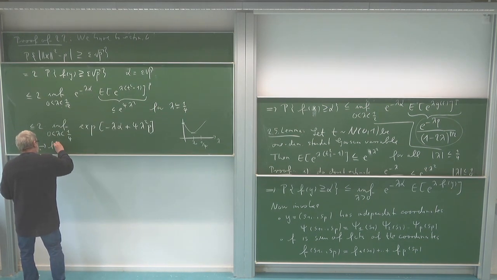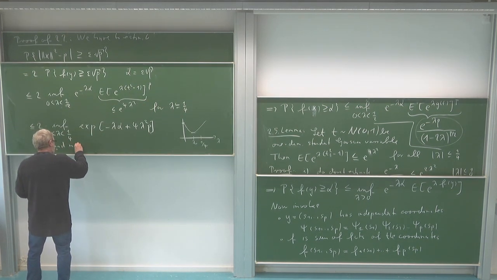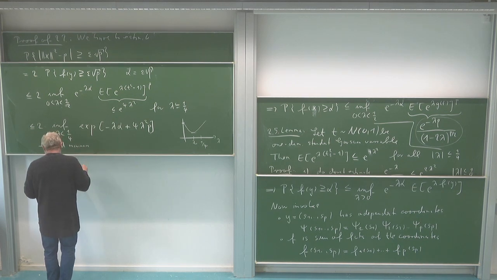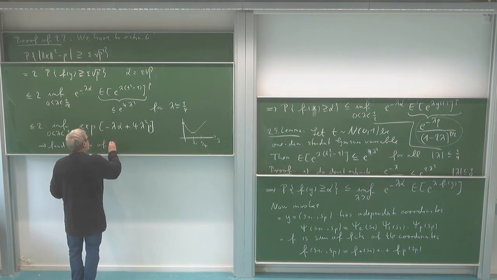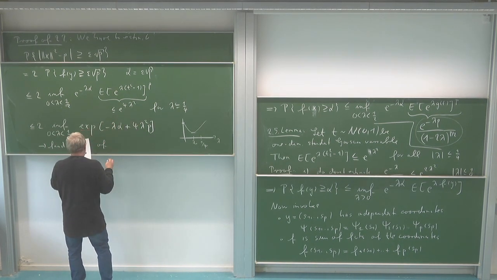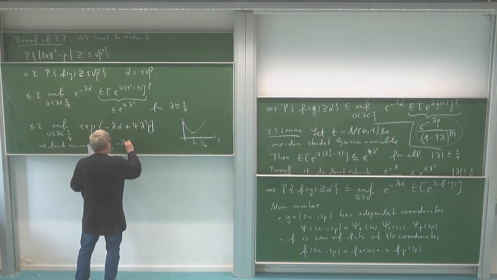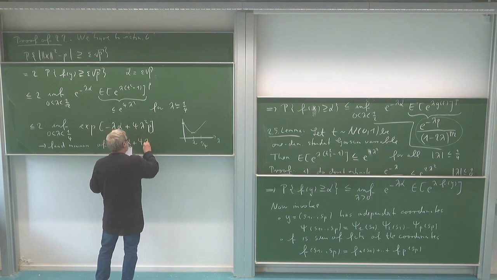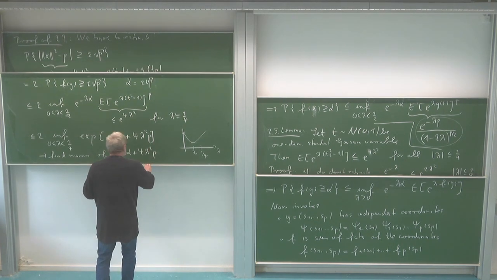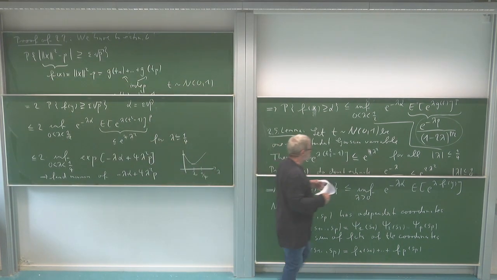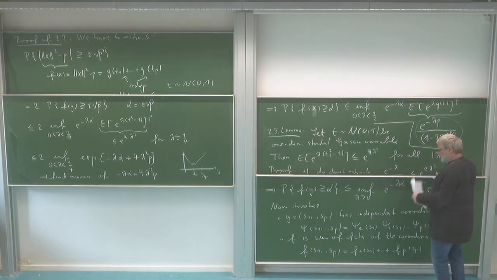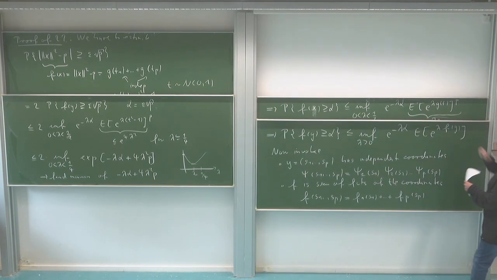So what I want is to find the minimum of what I have here in the exponent of my exponential function: minus lambda alpha plus 4 lambda squared p. I should check that it really is a minimum.